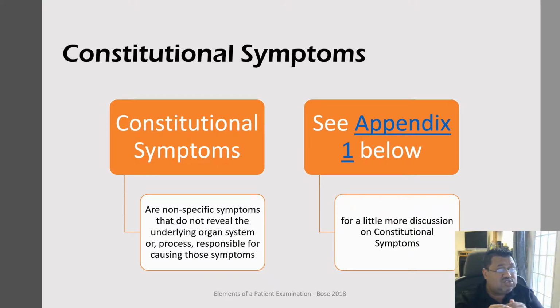These constitutional symptoms happen all the time in every kind of setting, but do we know that they are constitutional symptoms and what makes them constitutional symptoms? So take a look at Appendix 1.